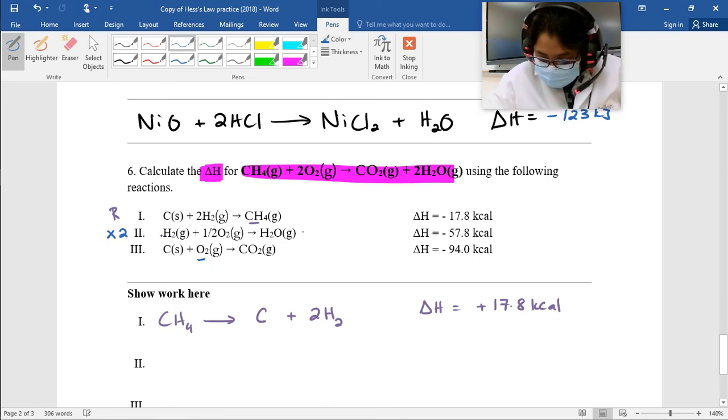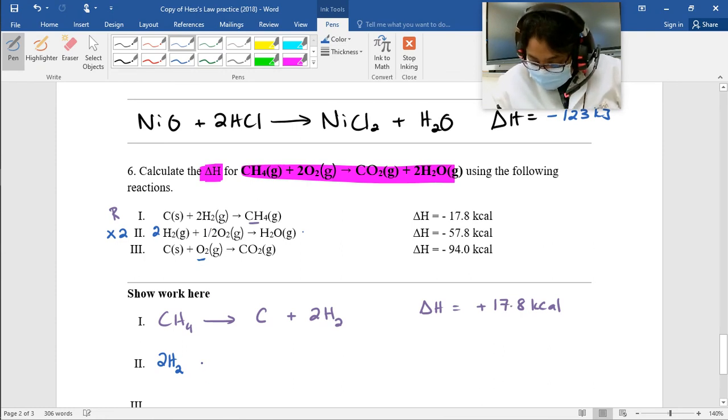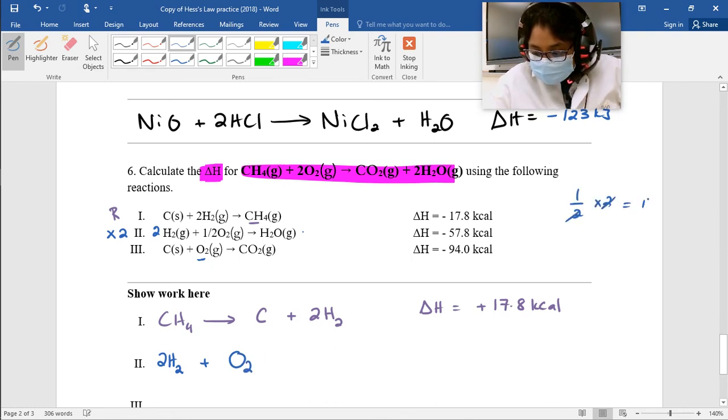I want 2 water, so I'm going to multiply this equation by 2. So if I multiply this by 2, that means I'll have two H2s. Let me actually write that. So I'll have two H2s there. 1/2 times 2 will give me a whole O2, right? 1/2 times 2 gives you 1.